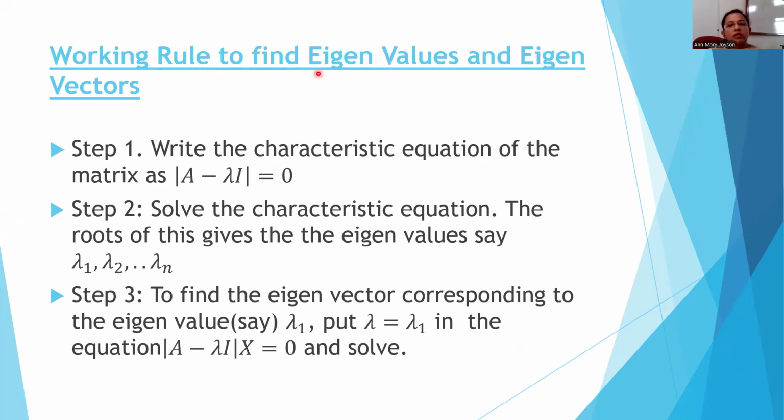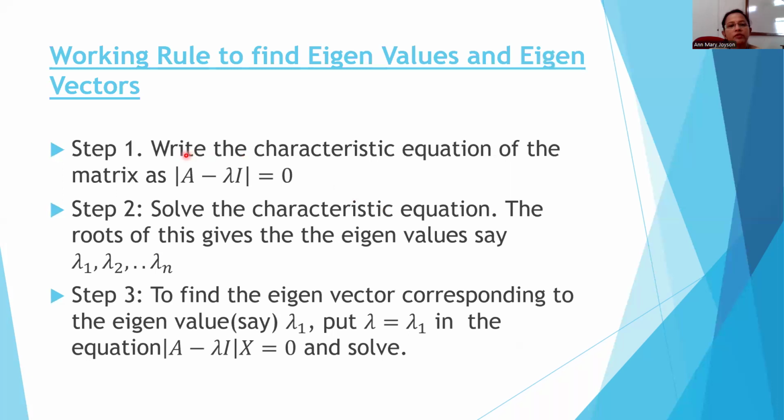Let us see the working rule to find the eigenvalues and the eigenvectors. Step 1, we write the characteristic equation of the matrix as determinant A minus lambda I equal to 0. Step 2, we solve the characteristic equation. The roots of this characteristic equation, given by lambda 1, lambda 2, etc., are called the eigenvalues.